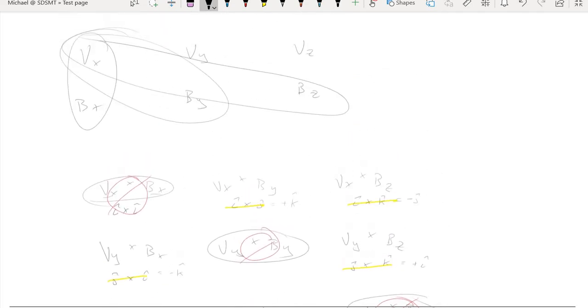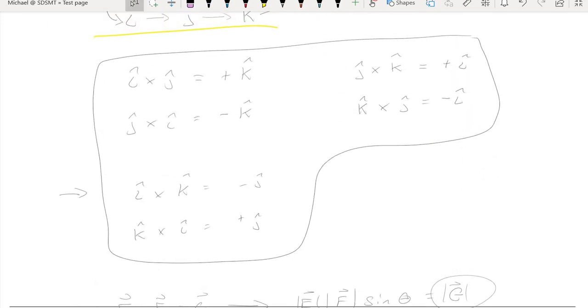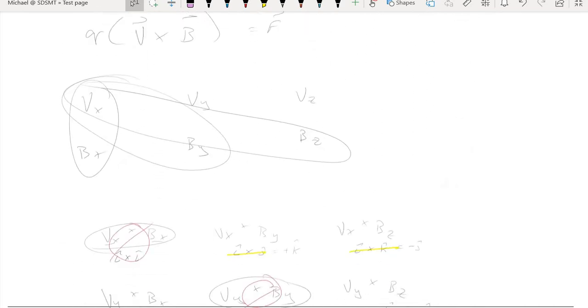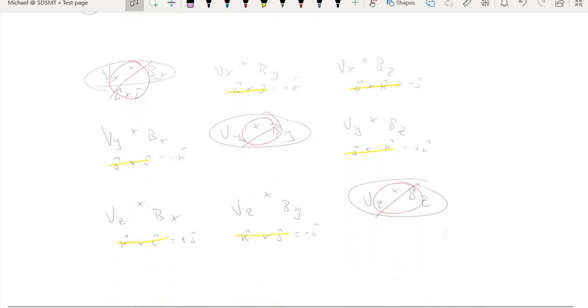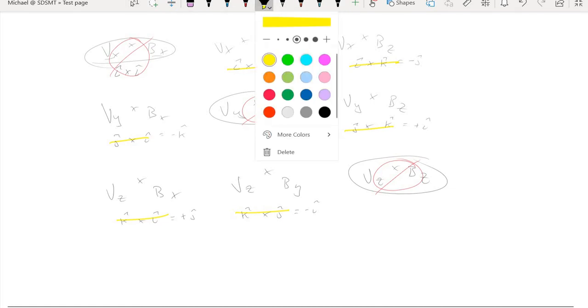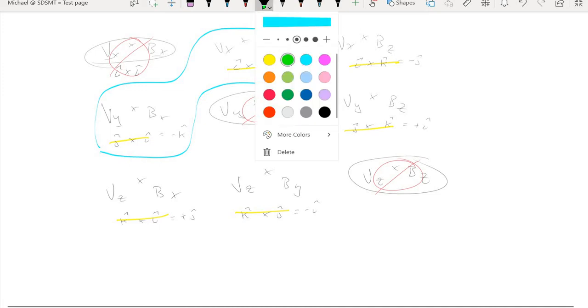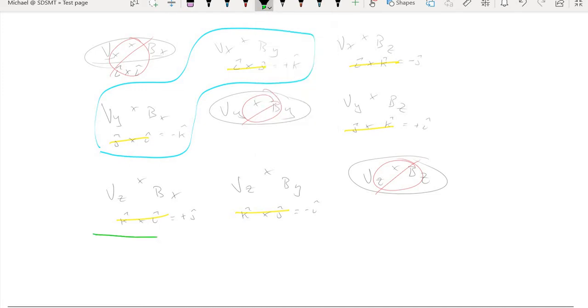So you can go back up top here and review those outcomes. But again, I'm just using the alphabetic order approach. But if you notice, you get 2 of each kind of outcome. We get 2 k hats. We get 2 j hats.